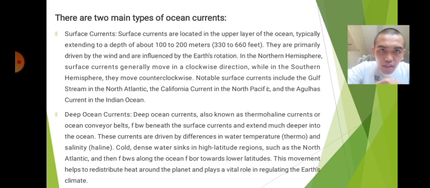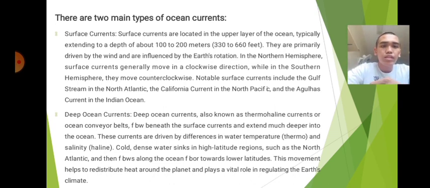So next is deep ocean currents. Deep ocean currents, also known as thermohaline currents or ocean conveyor belts, flow beneath the surface currents and extend much deeper into the ocean. These currents are driven by differences in water temperature, or thermo, and salinity, or haline.